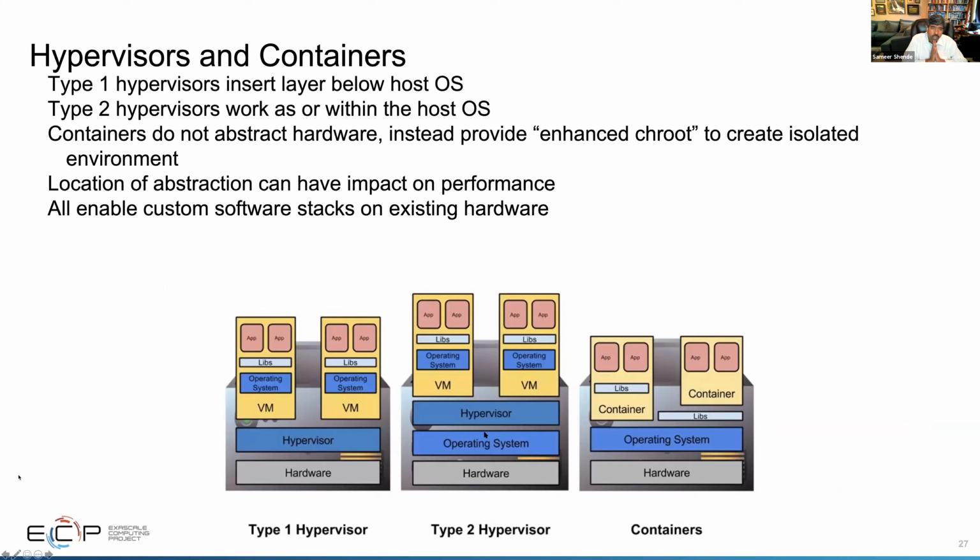Now, in case you are wondering, how does this differ from virtual machines? With virtual machines and solutions like VirtualBox, you have a full operating system within the VM. And there are different types of hypervisors where you can run the hypervisor directly on the hardware or on the operating system. But if you deploy a virtual machine, it has its own operating system.